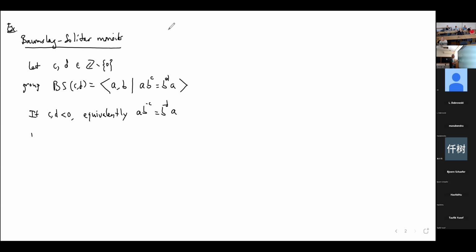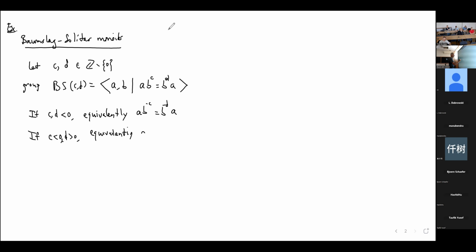If say one of them is positive and the other negative, let's say, for example, that C is negative and D is positive, we have an equivalent relation. We would move this to the other side.